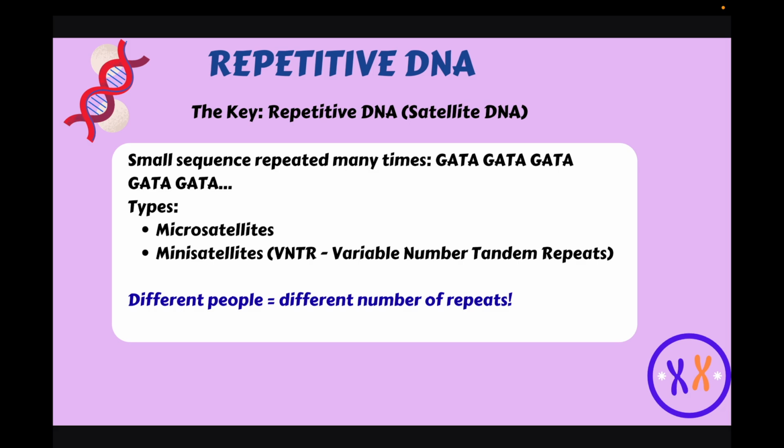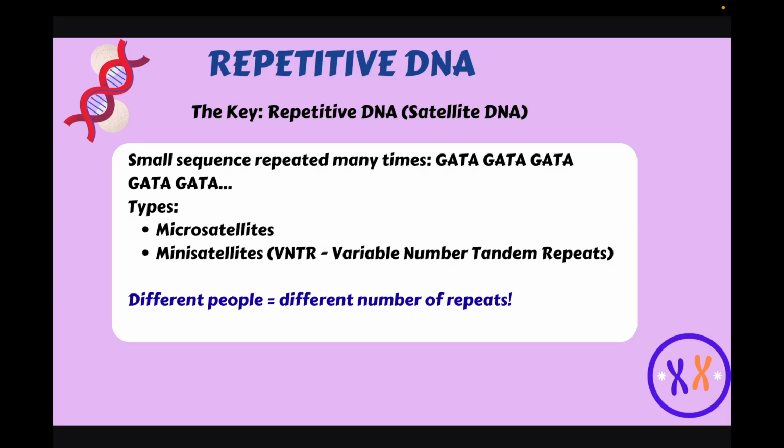Here is the key: the number of repeats varies between people. You might have this GATA sequence repeated 50 times, I might have it repeated 70 times, your friend might have it repeated 100 times. So these regions are highly variable among two individuals.